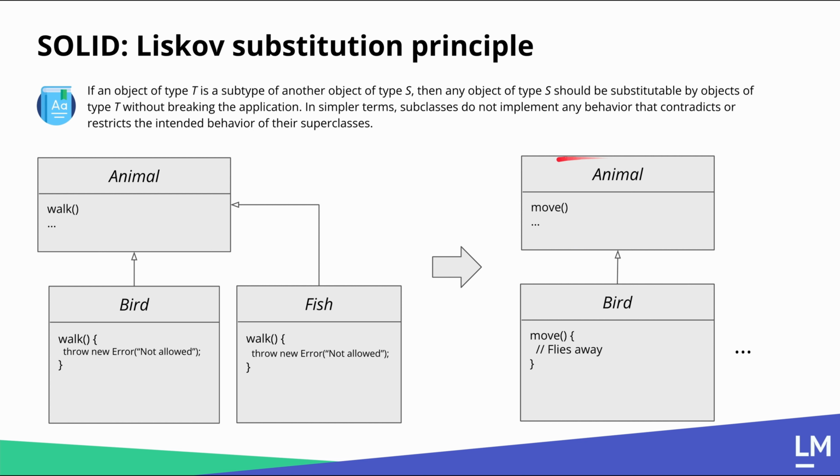So by redefining our superclass, we can actually derive the correct abstraction, derive the correct behavior of the superclass, instead of incorrectly defining it and then having to implement code in the subclasses which is not really matching the expected behavior of the superclass.